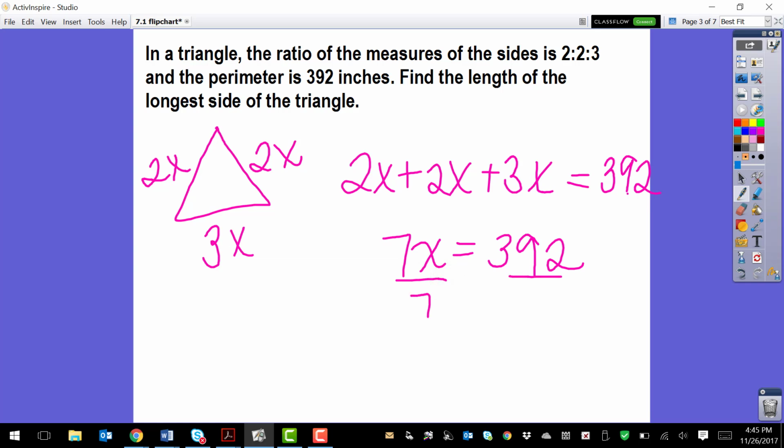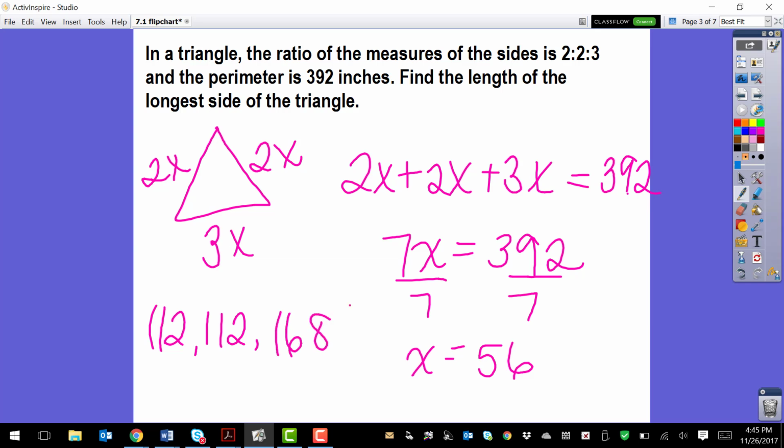Then I'm going to divide by 7 on both sides. 392 divided by 7 is 56. So that means our sides are 56 times 2, which is 112, 112, and then 3 times 56 is 168. So 112 inches, 112 inches, and 168 inches.